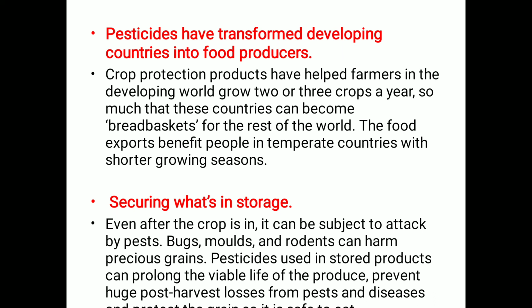If we use a proper pesticide, our agricultural produce is protected from post harvest losses.